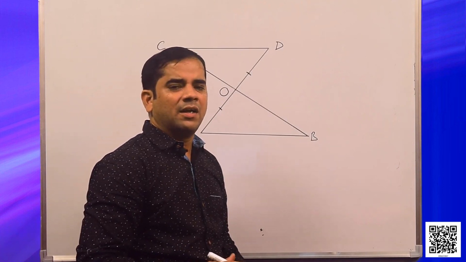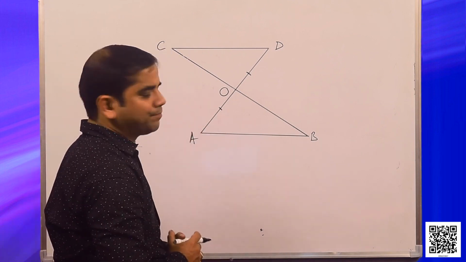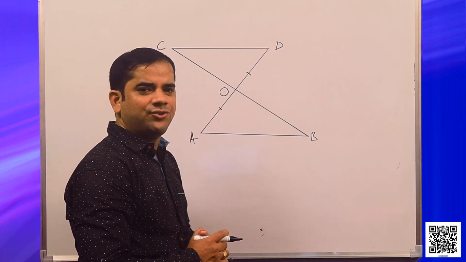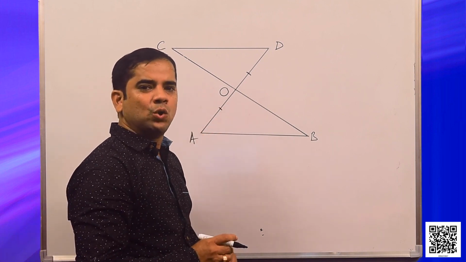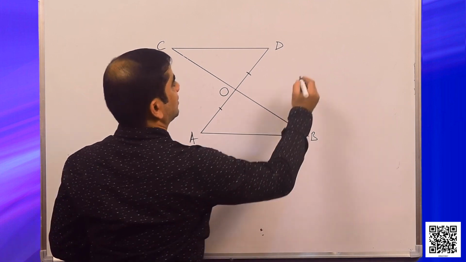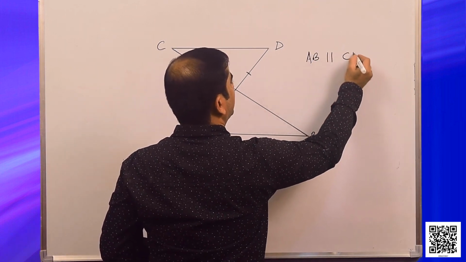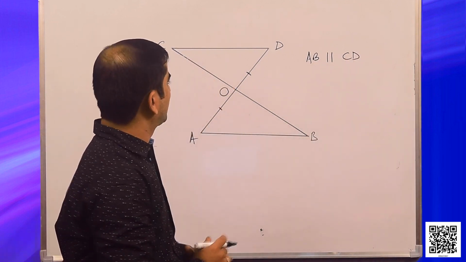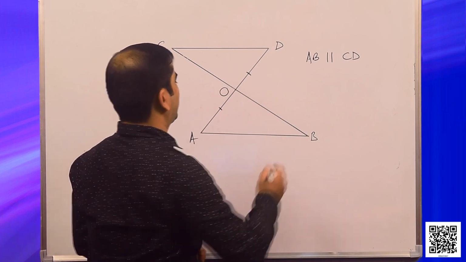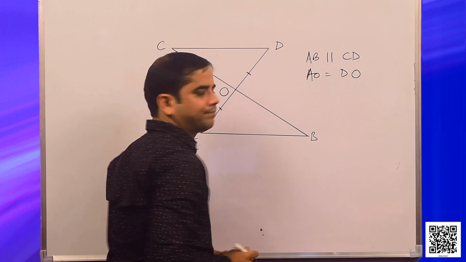Students, as per the given data, I have constructed the diagram, in which line segment AB is parallel to line segment CD. O is the midpoint of AD, that means AO is equal to DO.